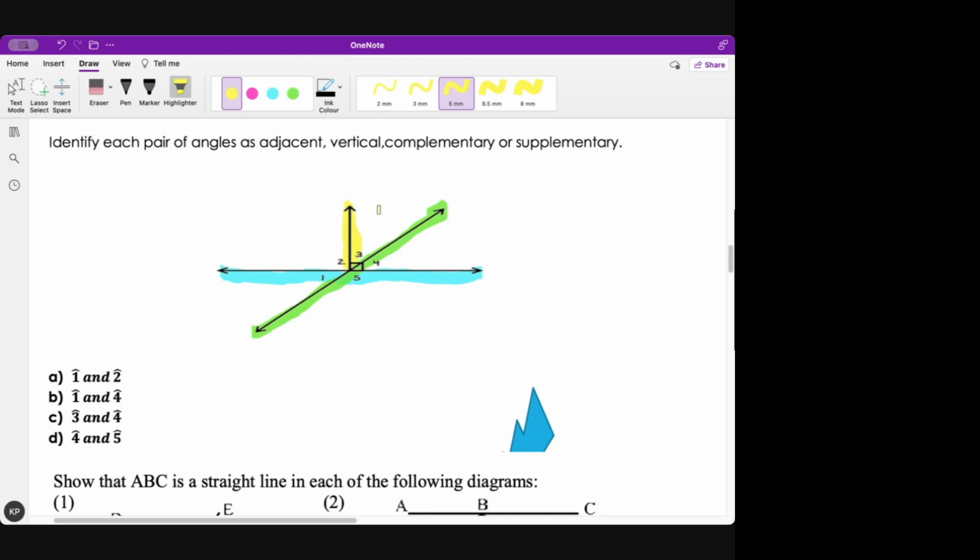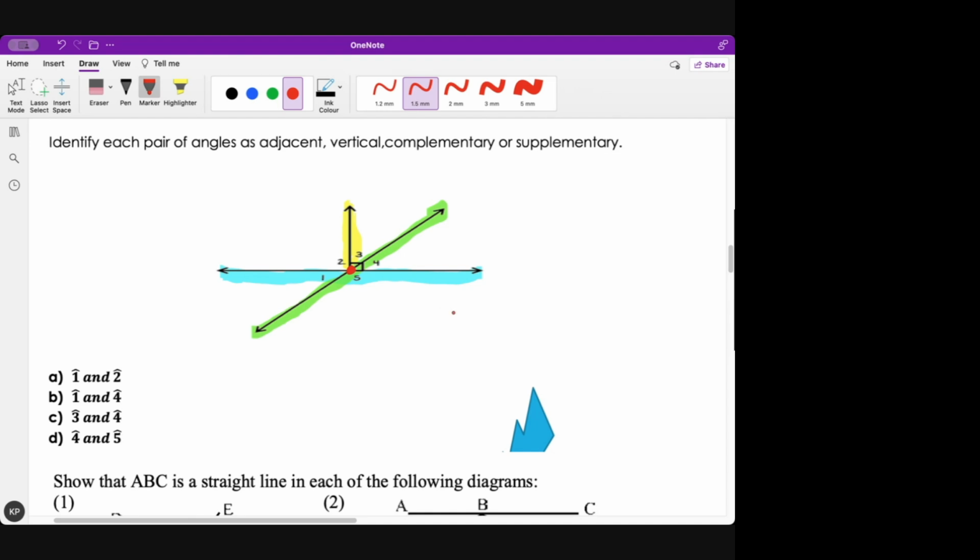It's also a line, is it not? And it's a straight line, and it also touches or intersects with another line. So there are actually 3 intersecting lines here.